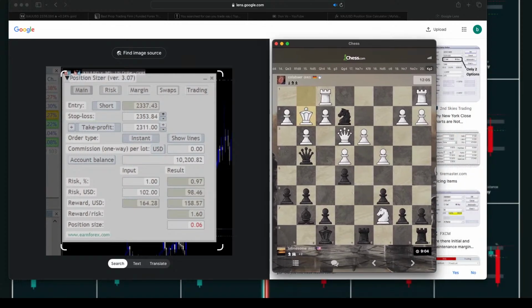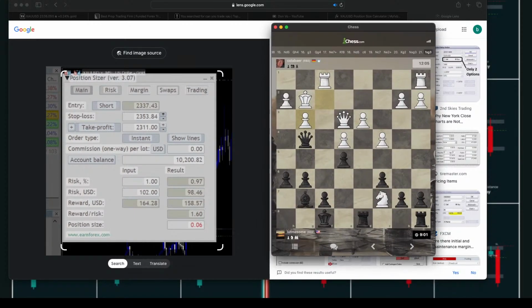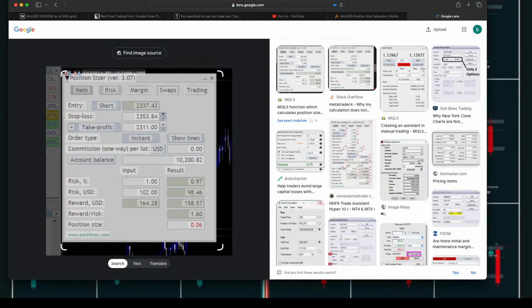So this was like a position sizer that was one that you could build into MT5. Damn, they got all of it. Damn it, I didn't even know you could do that. You seen that? I didn't even try to do that.